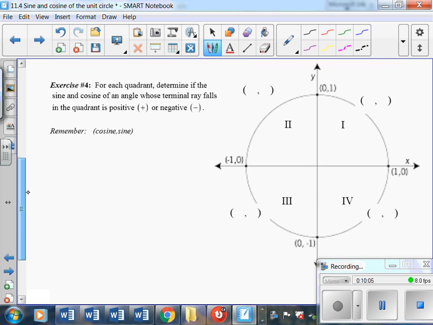Now, this is the way I kind of like to think about it. So it says for each quadrant, determine if the sine and cosine of an angle whose terminal ray falls in the quadrant is positive or negative. So I remind you here that it's going to be cosine, comma sine. So more specifically, it's cosine theta, sine theta.